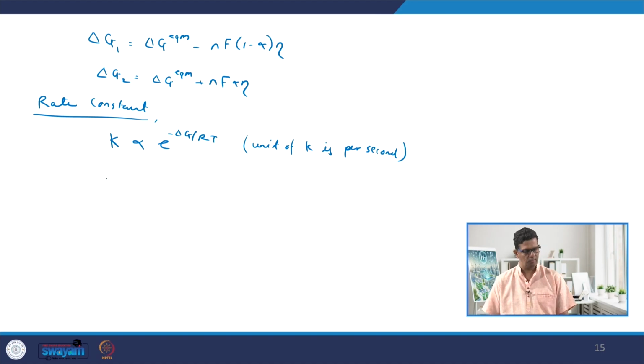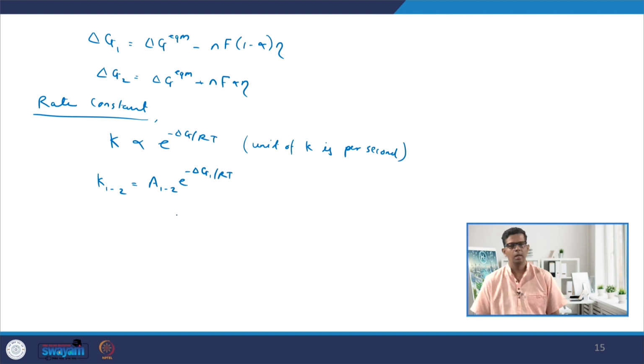So how can I write for the forward reaction? I can write K12 is equal to A12 e to the power minus delta G1 by RT. Now A12 is basically some constant of proportionality that we have taken, and the rest of things remain the same.